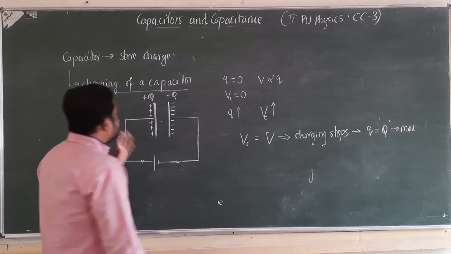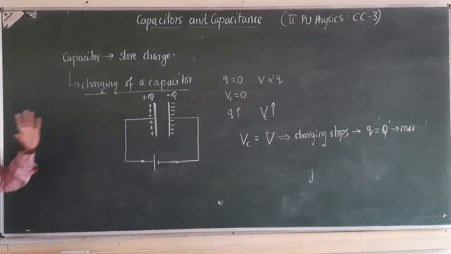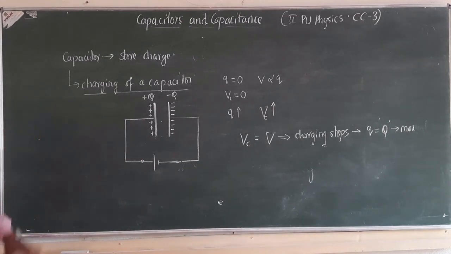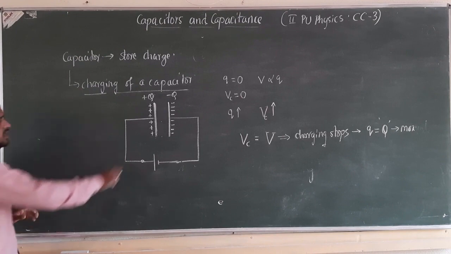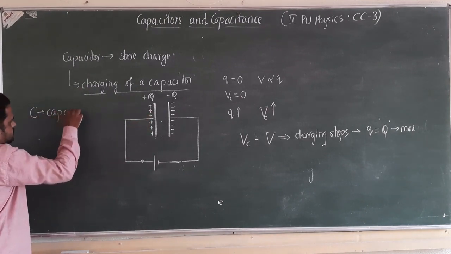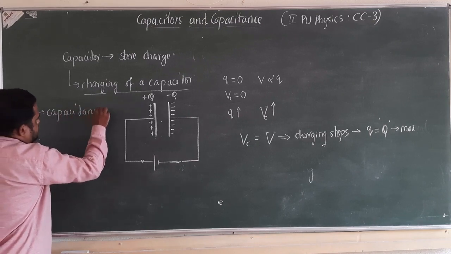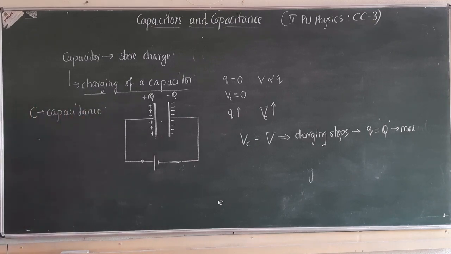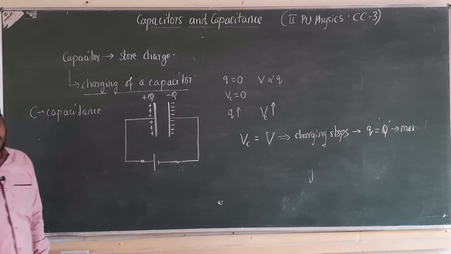Now, how to calculate the amount of charge stored or the potential difference between the plates of the capacitor? Let C be the capacitance of the capacitor. Generally it is expressed in terms of microfarad or picofarad.